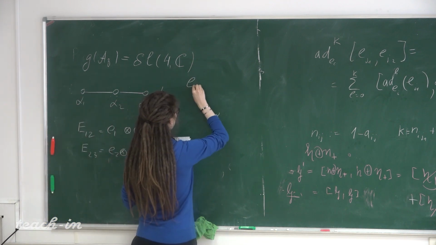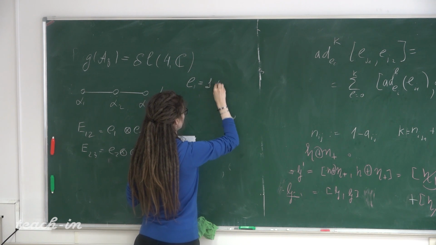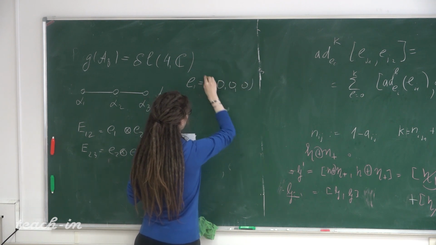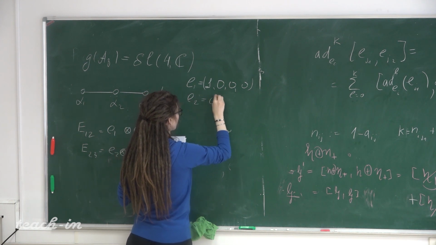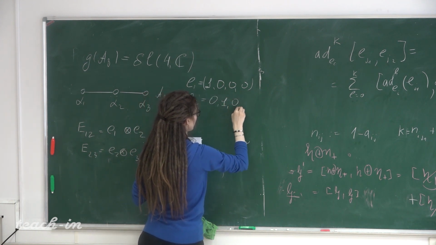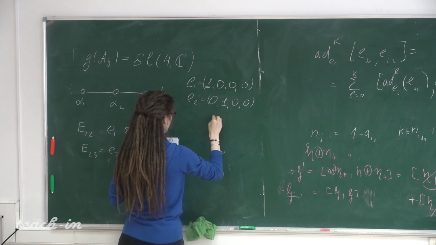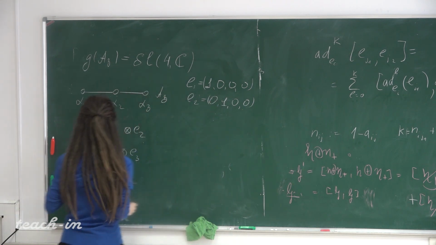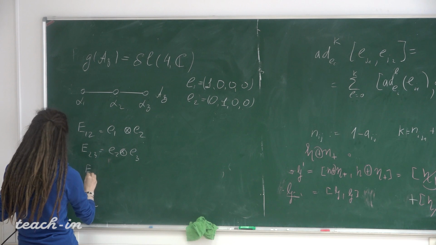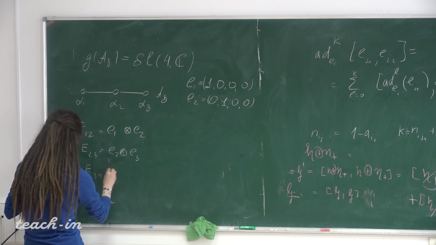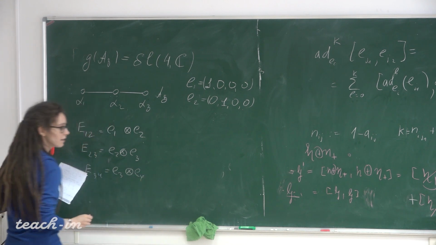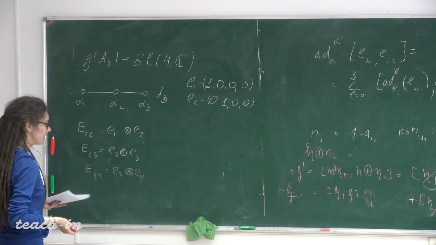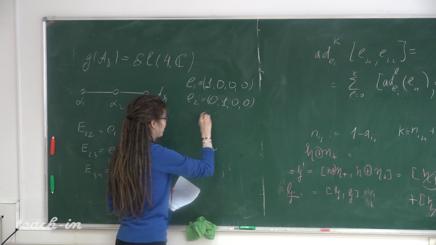So your E_ij are just matrices with one on the intersection of i and j.